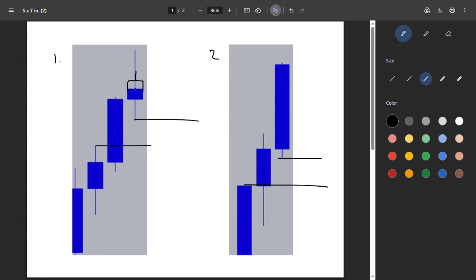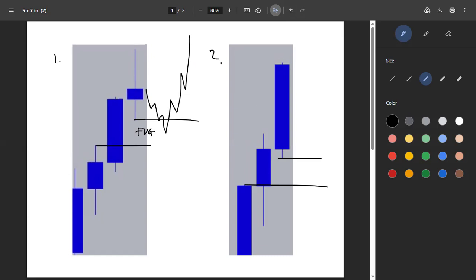If you go to the lower time frame, you will see a consolidation inside this candle. In this scenario, you'll see most of the fair value gaps respecting the price. So you can use this fair value gap to trade for entries.